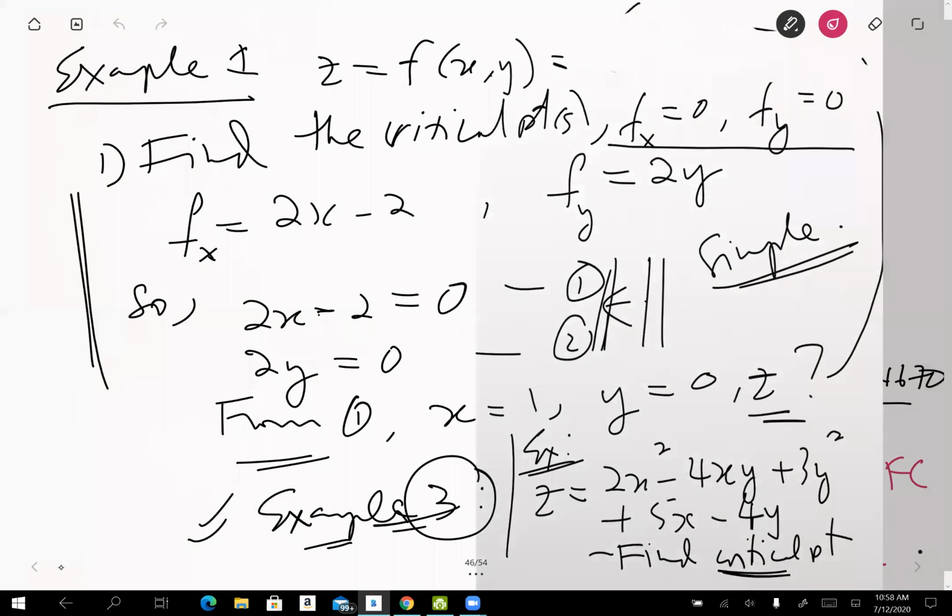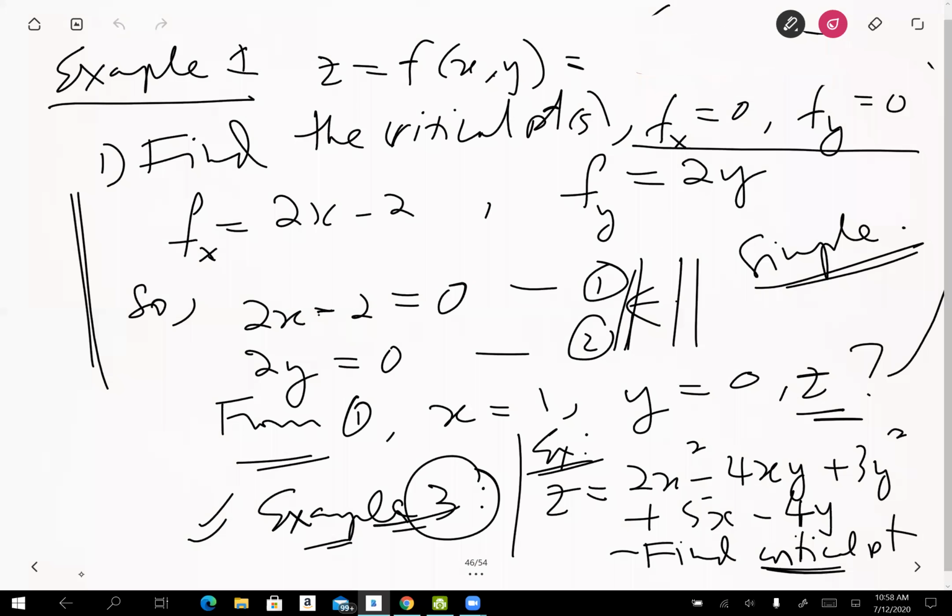Okay, you give me the function again. What was the function? Z equal to x squared plus y squared minus 2x plus 1. Okay, so that was the function.